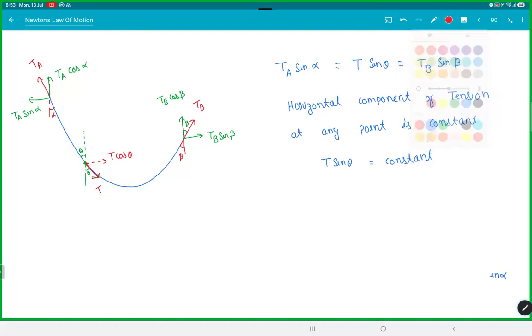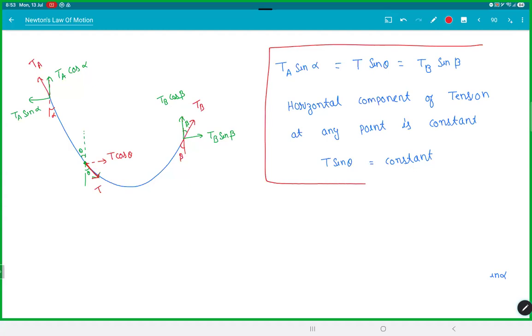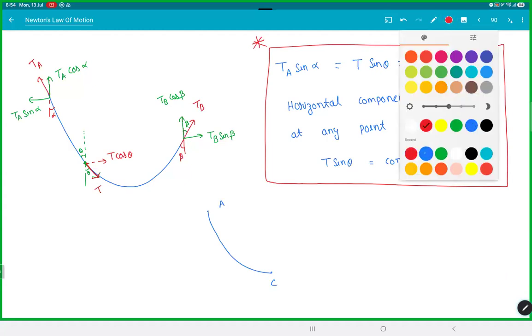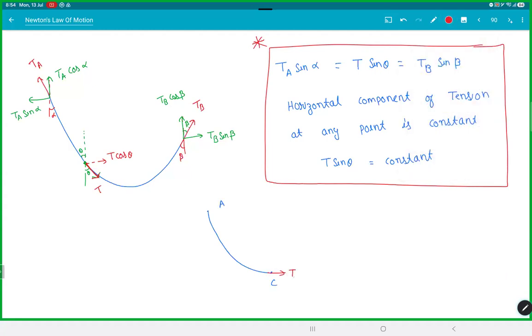That would be a good theoretical thing, because your mg will always act downward. It will not affect anything in the horizontal direction. You want to find tension at C, so cut it at C. So this is C and this is A. The tension will be along the string, so this is TC. This was the horizontal component of TA.